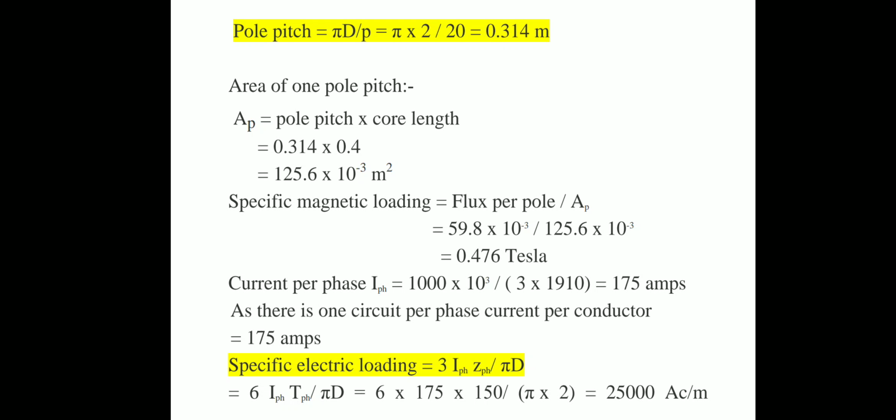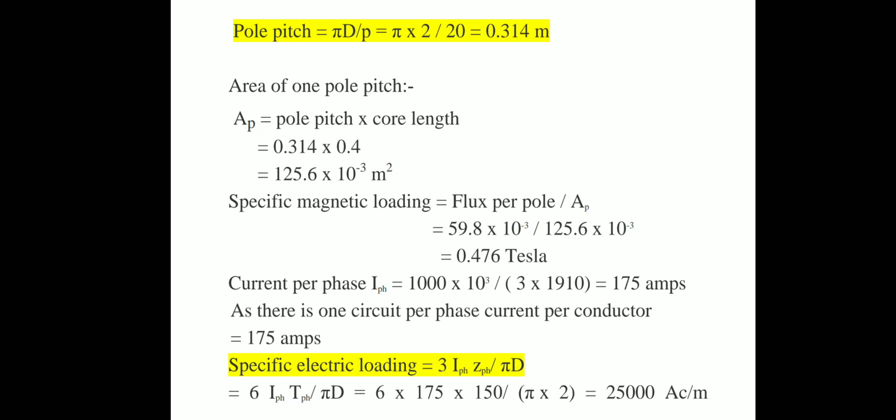Now pole pitch is given by the formula pi D upon P. Put the values: pi into 2 divided by 20 is equal to 0.314 meter. Now area of one pole pitch Ap is equal to pole pitch into core length. Put the values: 0.314 into 0.4, which is 125.6 into 10 raised to the power minus 3 meter square.